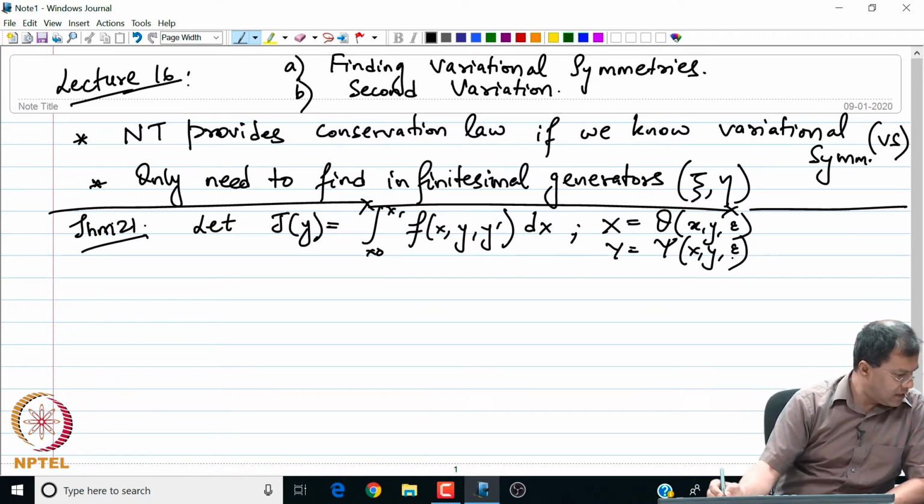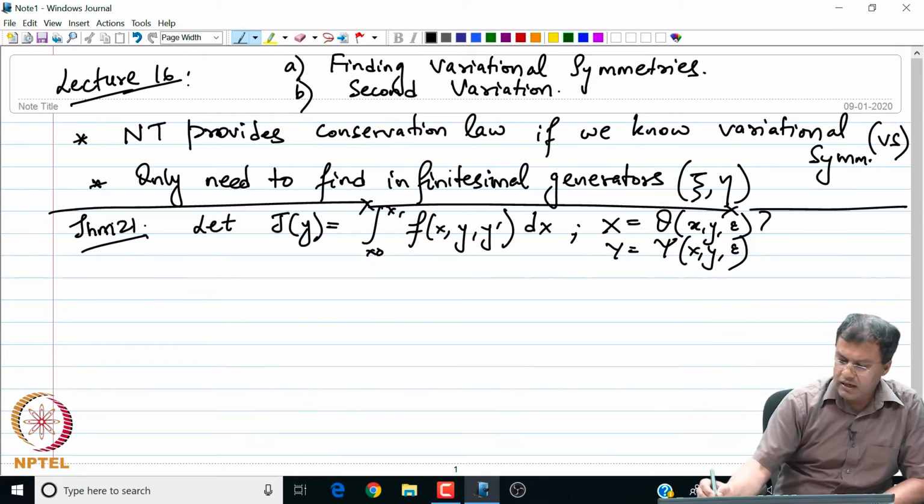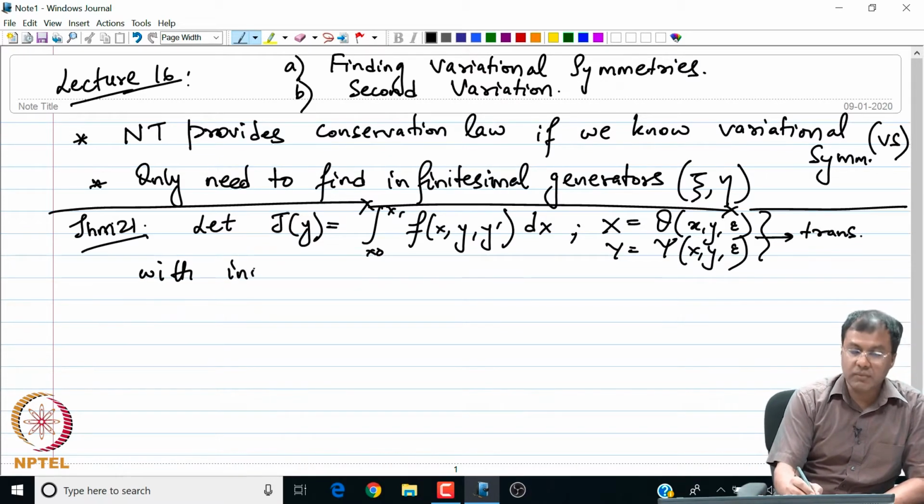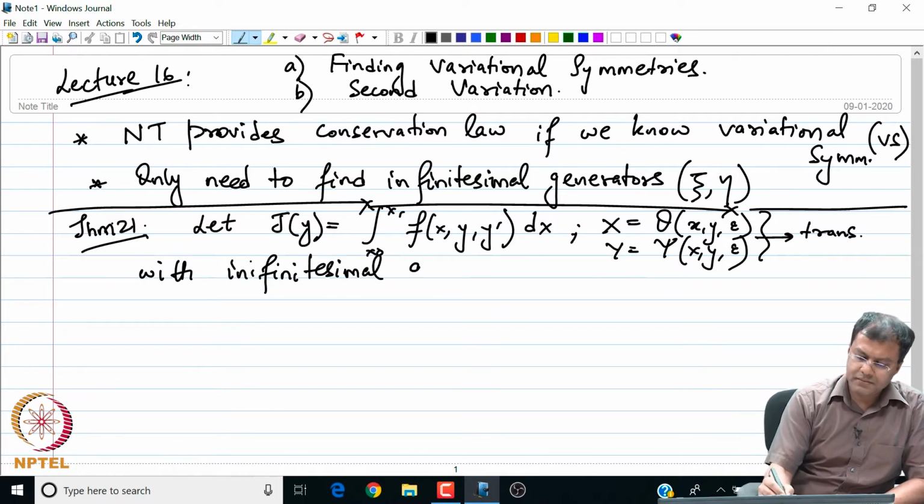So these are my transformations with infinitesimal generators xi comma eta.